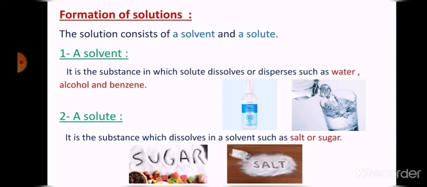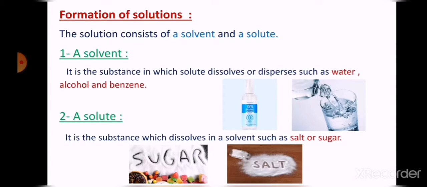The definition of the solvent: it's the substance in which the solute dissolves or disperses, such as water, alcohol, and benzene. Water, alcohol, and benzene are liquid substances. So this is the solvent.